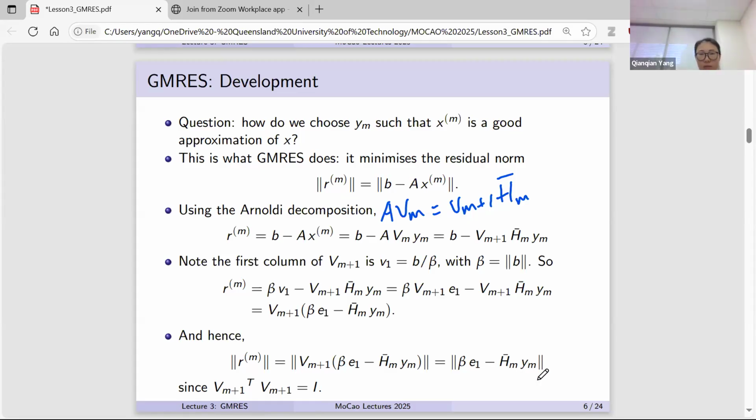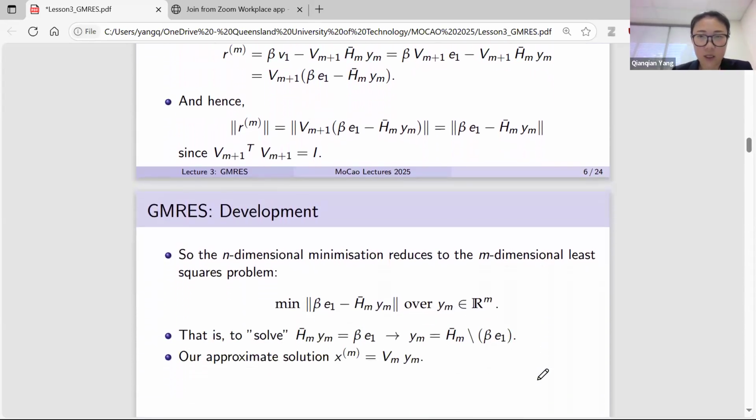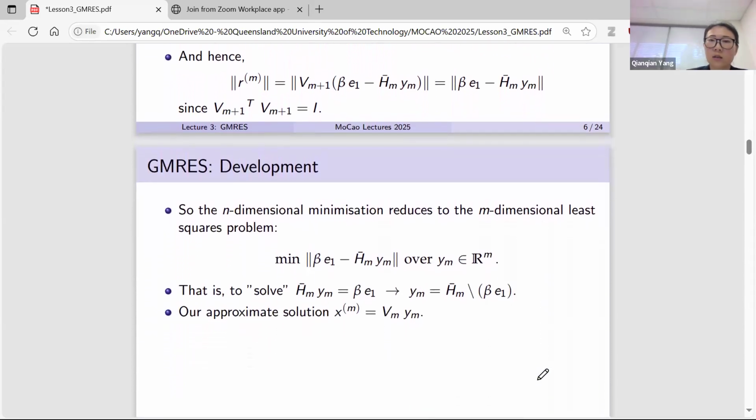Okay, so far so good. So now for our GMRES, you see that we're trying to minimize the left-hand side, this residual norm. Remember this residual R is n-dimensional. It has length n.